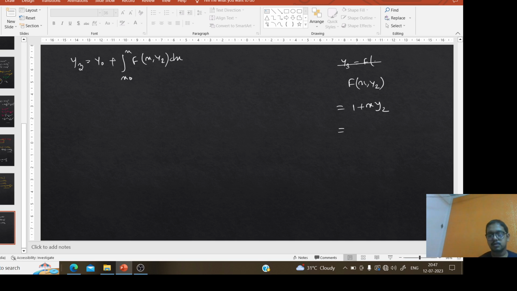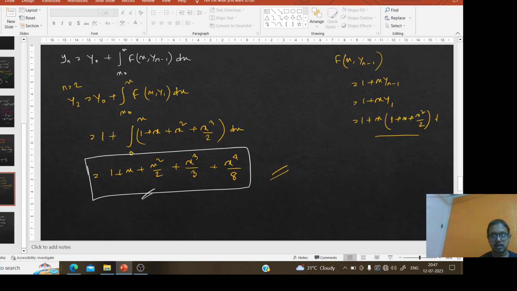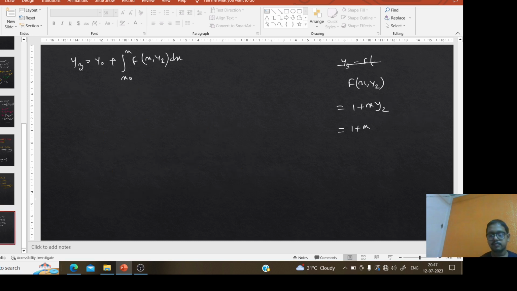This will be a little bit bigger. This will be 1 plus x into, as we get y2 is equal to this term, x plus x squared plus x cubed by 2 plus 1 third x to the power 4 plus 1 by 8 x to the power 5.